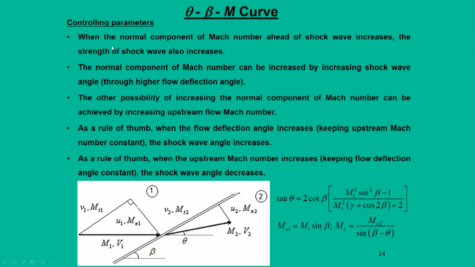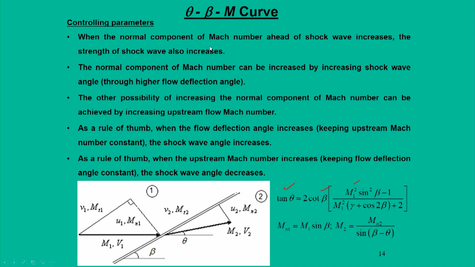Now, if you look at this equation, that is the theta beta M1 relation, an oblique shock can be controlled, that means beta can be controlled by two parameters, one is through theta, the other is through Mach number, and we have seen what happens if you are changing theta and what happens if you are changing Mach number.